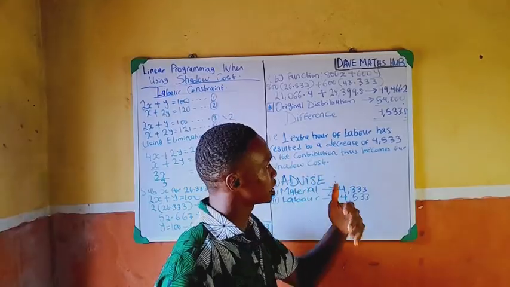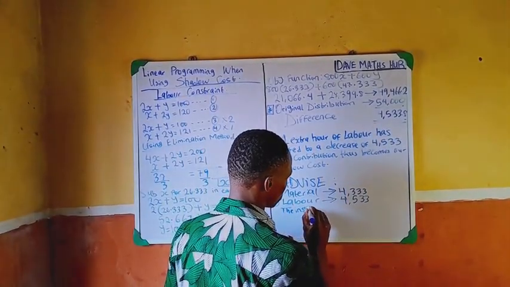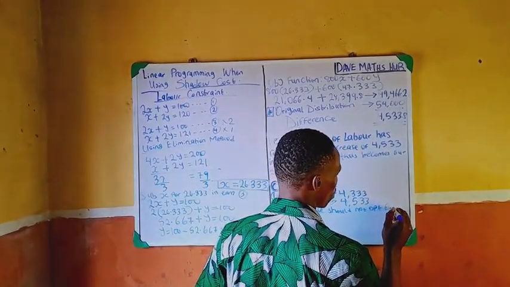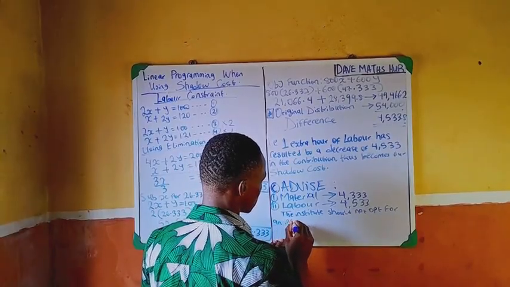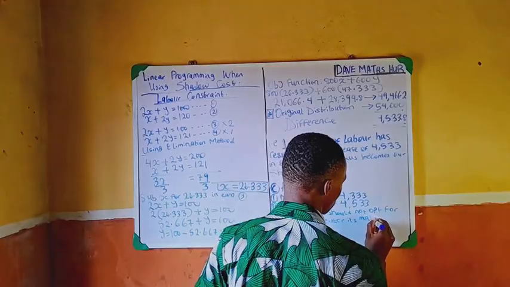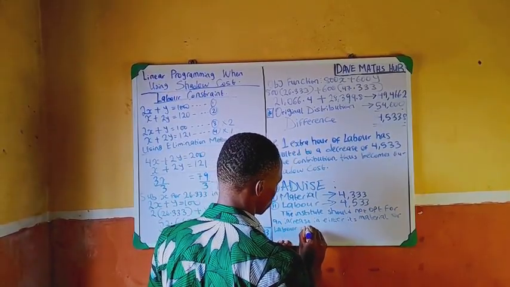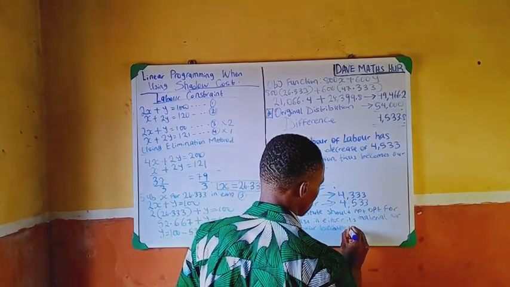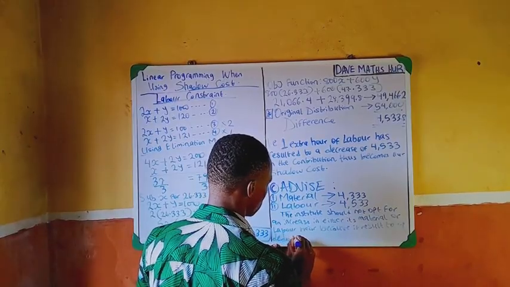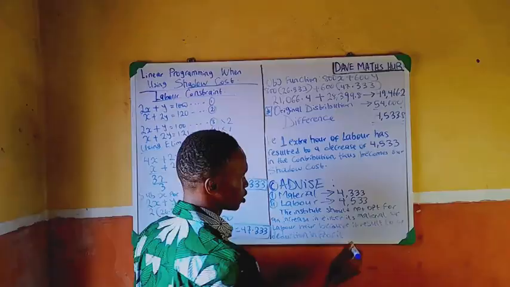But looking at it this way now, since adding extra unit is reducing our profits, the advice is the institute should not opt for an increase in either its material or labor hour, because it results in a deduction in profits. And this will be our advice to the management.